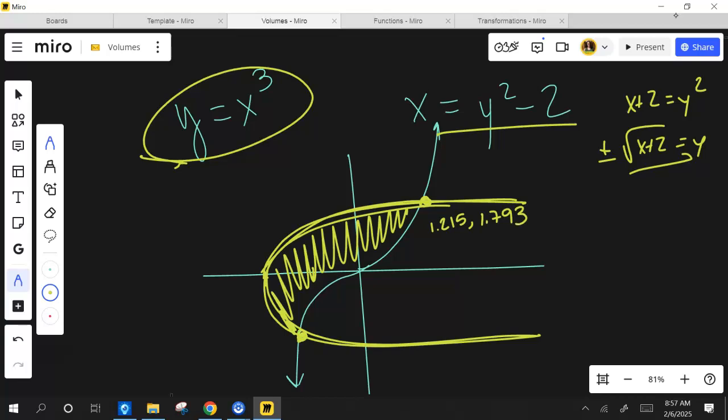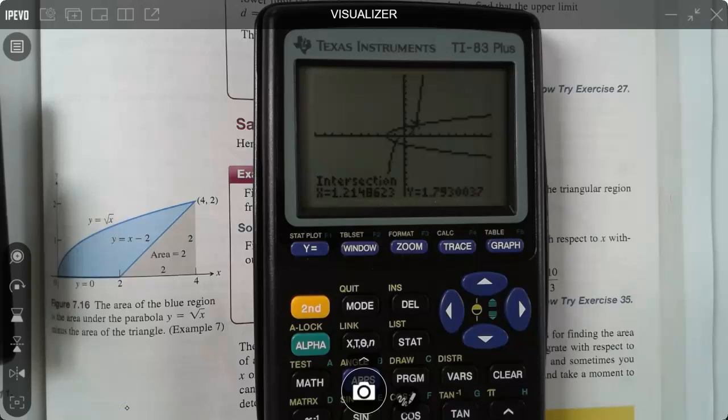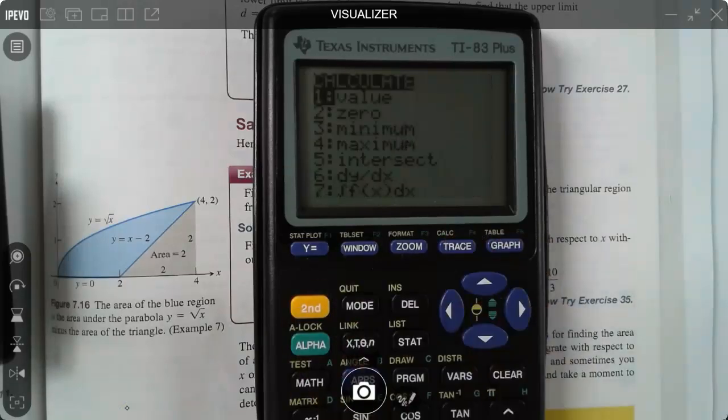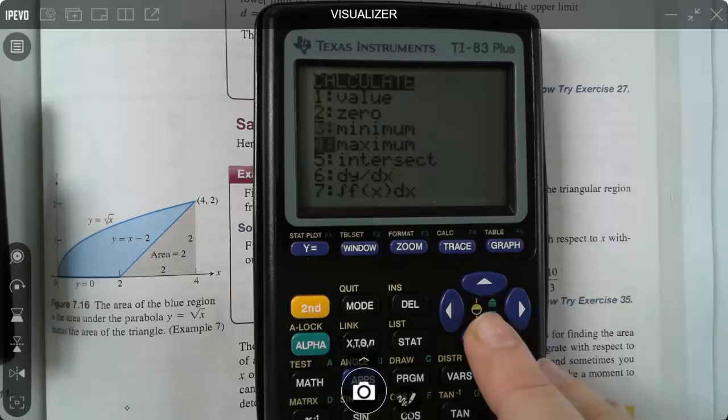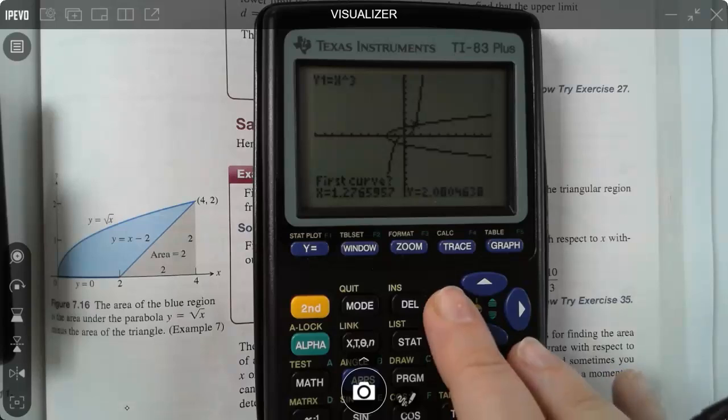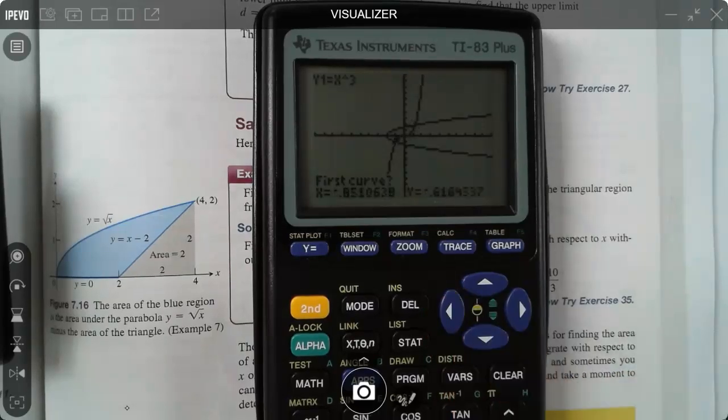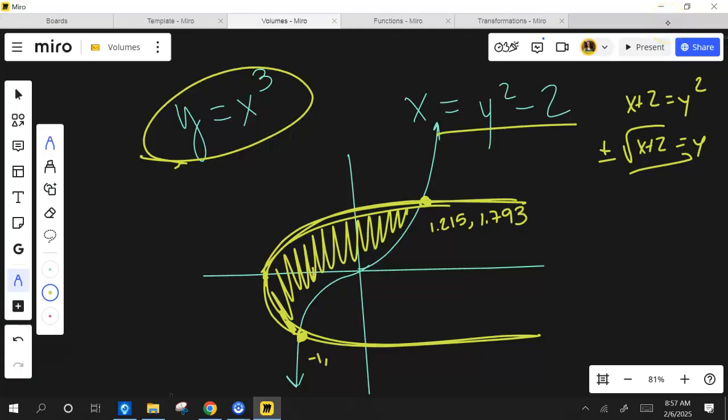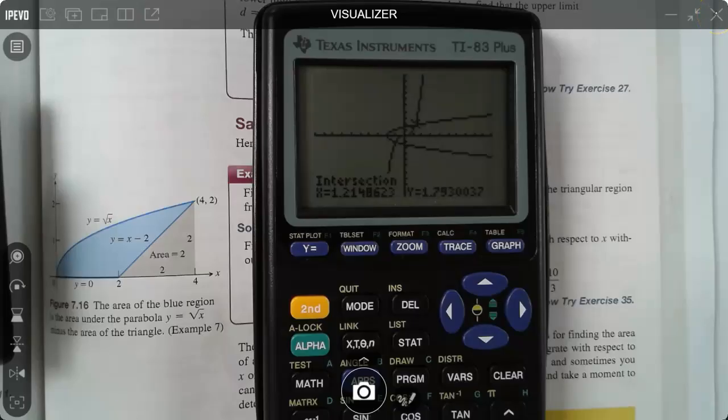All right, and now calculate this one. Is it a whole number? All right. Now we've got our bounds.